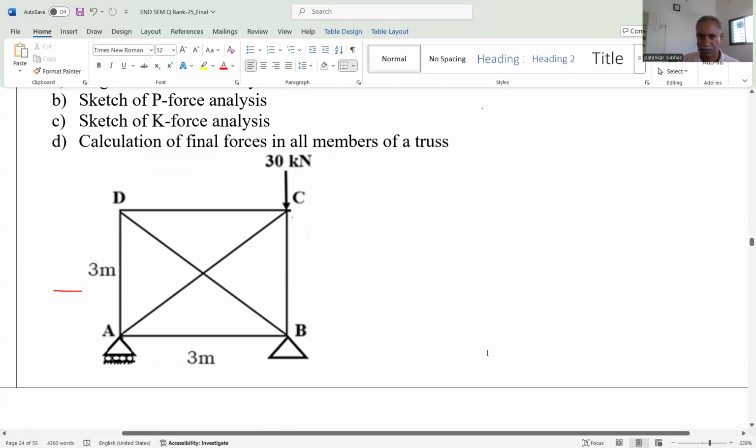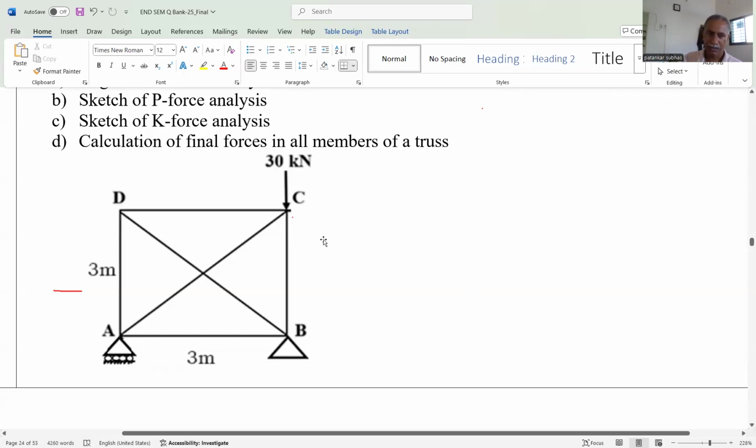Externally it is determinate. But about the internal, M is equal to 1, 2, 3, 4, 5, 6. There are 6 members and joints are 1, 2, 3, 4. 4 multiplied by 2 is 8, minus 3, that is 5. So here the number of members is 6 and 2j minus 3 is equal to 5. That's why the degree of indeterminacy is 1. Right?